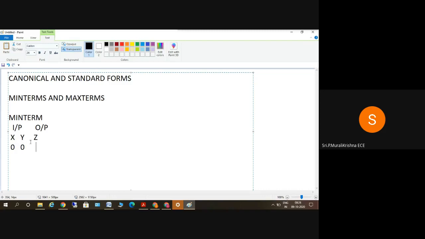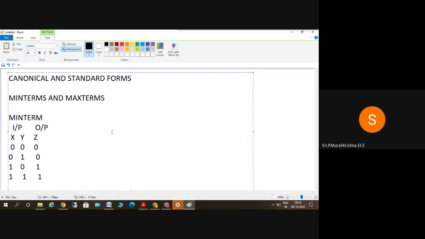If I consider two inputs x y and take a random output: 0 1, 1 0 and 1 1, and the output is 0 0 1 1. This is the output we get. We don't know the equations or expressions right now; generally only the table is given.